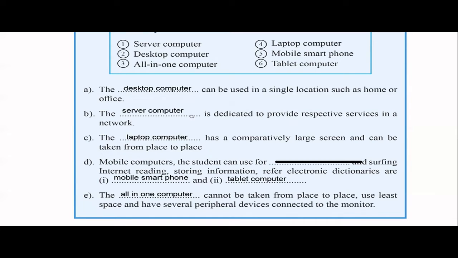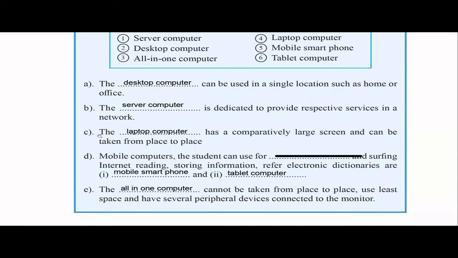In a network, you can see server and client architecture. The server computer has more processing power and more resources, and it will do the main operation of the network, right? The client will just be consuming those services. So this should be the server computer.